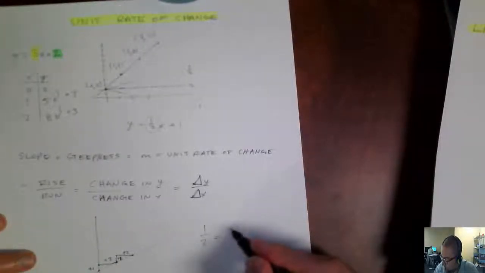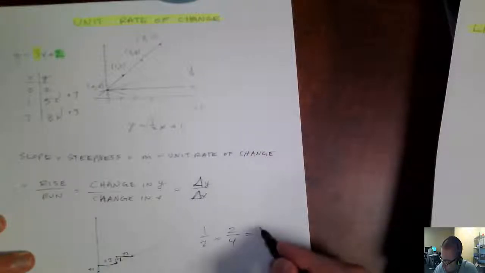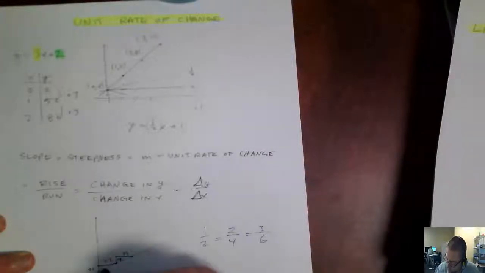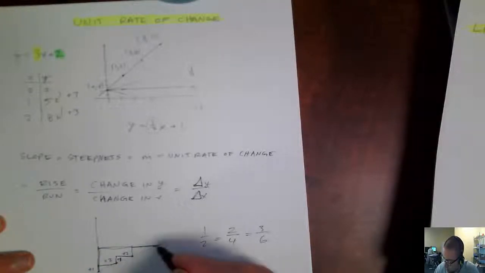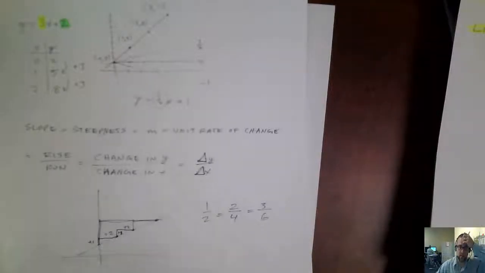Up 1 over 2 is the same as up 2 over 4 is the same as up 3 over 6. So we have these triangles that are all equivalent in similarity to each other. So that's the way you can also think of slope, is change in y over change in x.